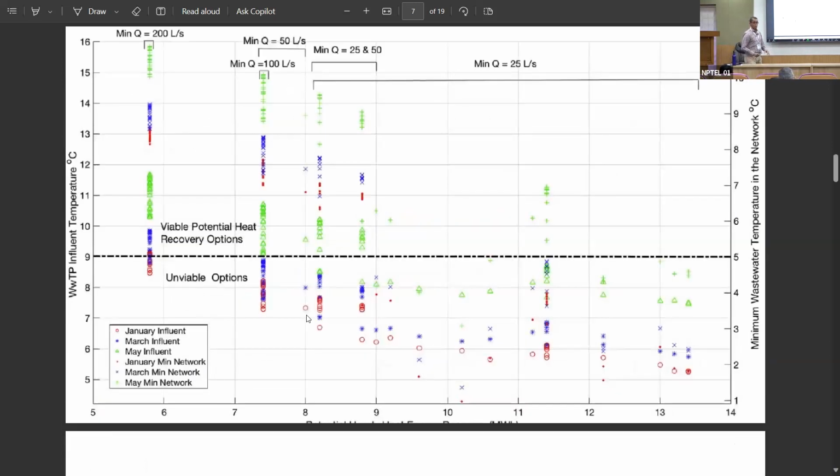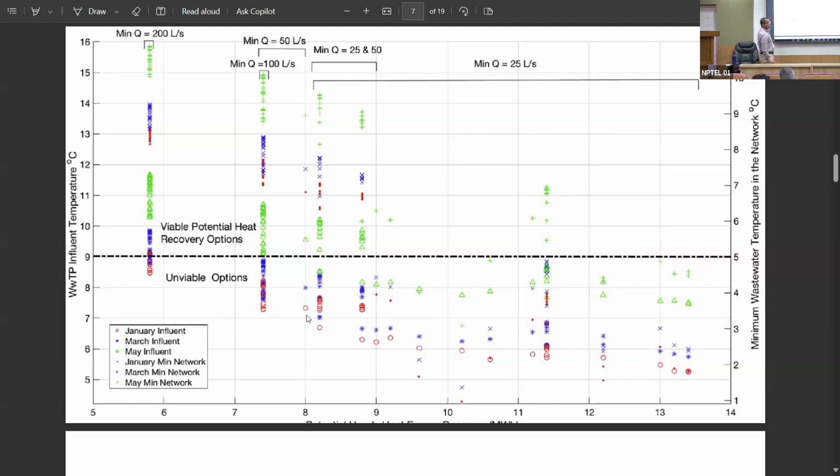This simulation was applied on a large sewer network of 3,000 pipes. What it tells you here, in the horizontal axis, is the hourly heat recovered in megawatt hours. So the more heat you recover, the lower the temperature.